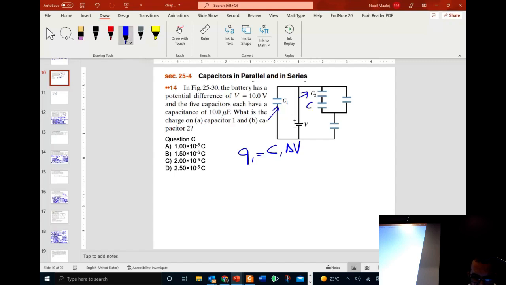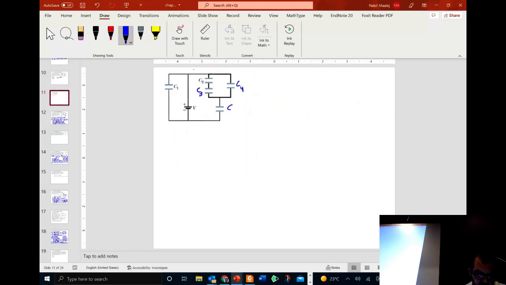So we named this C3, C4, and C5. So this is the figure that we have here. Now, let me forget about this here, because C2 and C3 are in series. So I'm going to call it C2,3.